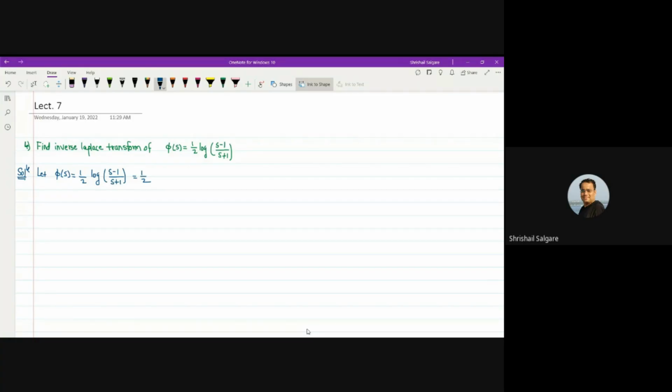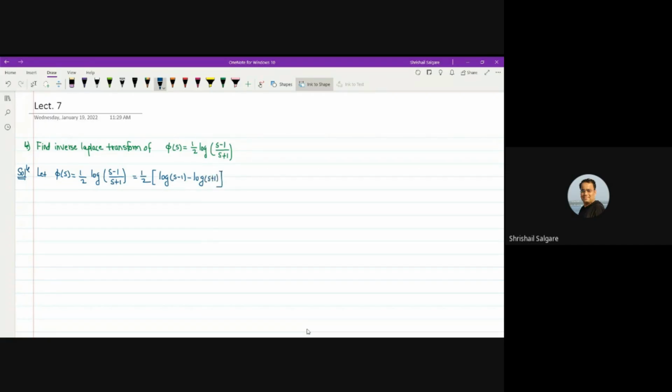That I will write as 1 upon 2 into bracket log of (s minus 1) minus log of (s plus 1). Okay.